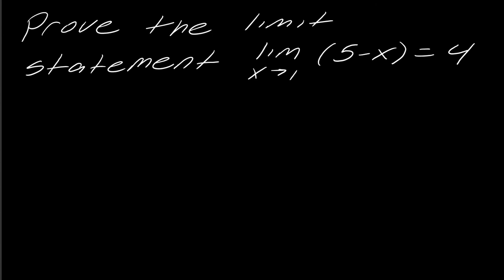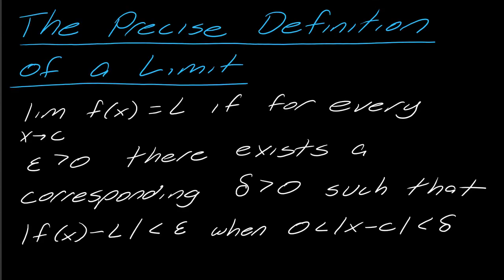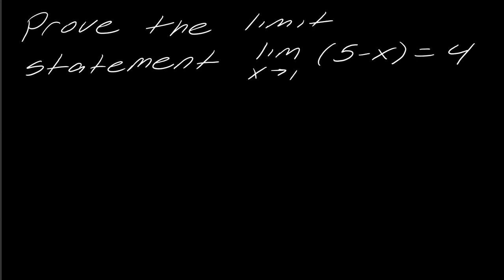Now the steps are the exact same as the last example, except we're dealing with more theoretical values. I'm still going to use that precise definition of the limit to get me through this. To prove that this works, I have to find the delta that would work for the epsilon in this particular case.